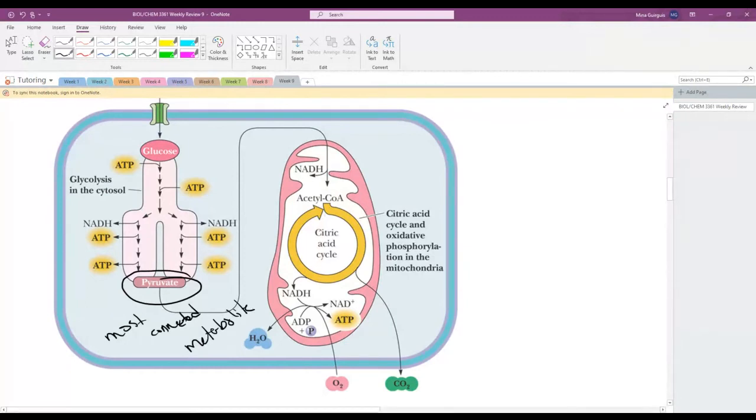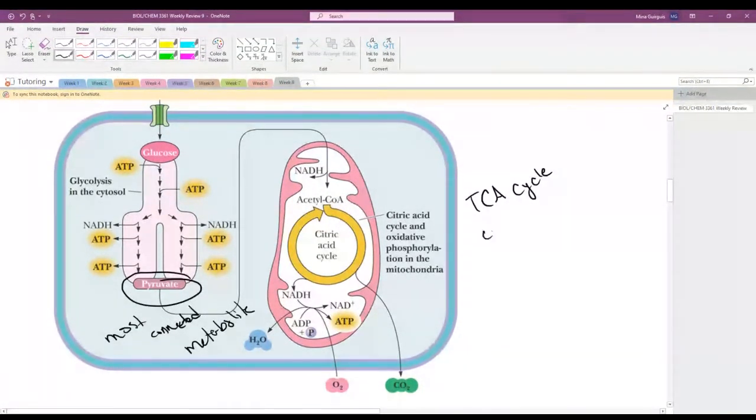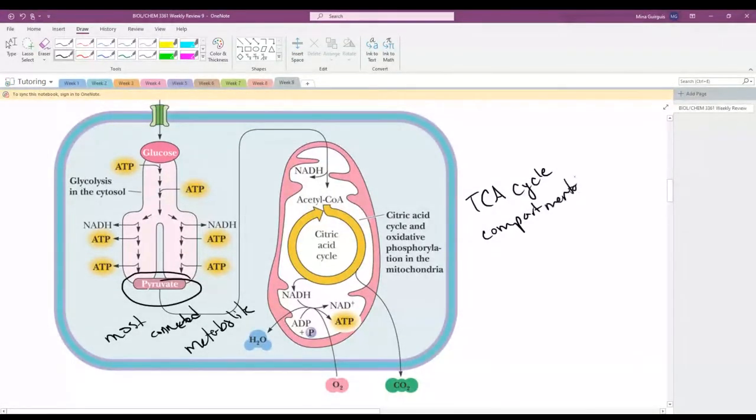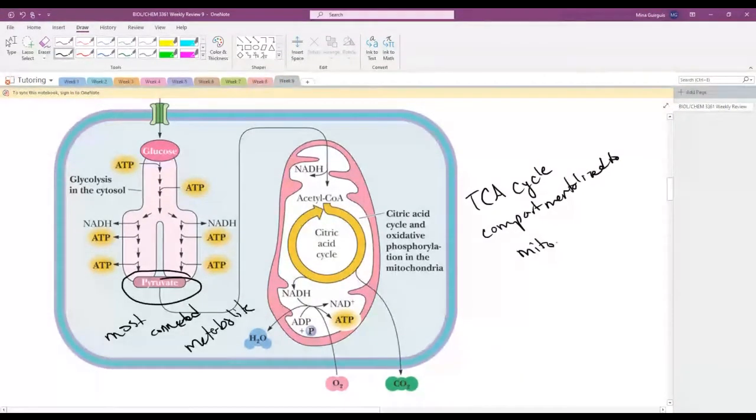The citric acid cycle, also called the TCA for the tricarboxylic acid cycle, I prefer saying TCA, so I'm probably going to be calling it that for future reference. This TCA cycle is compartmentalized to the mitochondria. So if pyruvate never enters the mitochondria, then it's never going to undergo the citric acid cycle.